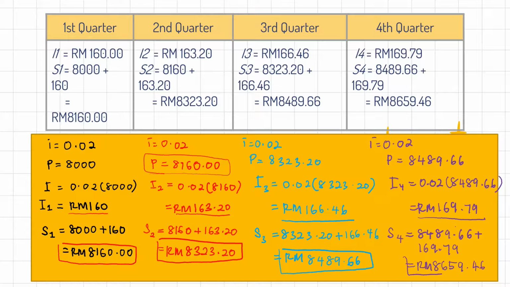This will be the amount of money that you have up until the fourth quarter. In other words, in total, your account will have 8,659 ringgit and 46 cents after 1 year, together with the interest.